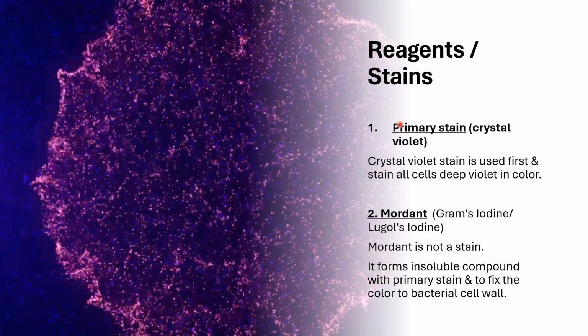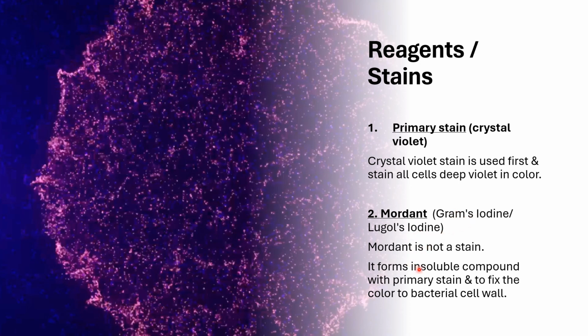Next are the reagents or the stains used for this gram staining method. First one, primary stain, that is crystal violet. Crystal violet is used as the first step, and it will stain all the cells deep violet in color. Second one is the mordant, gram's iodine or Lugol's iodine solution.